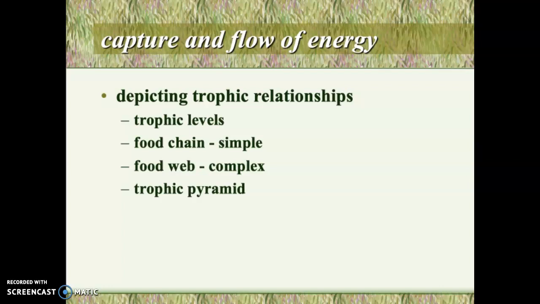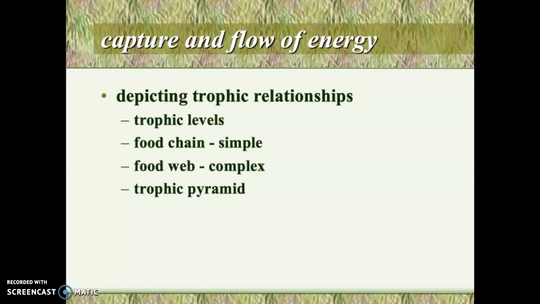It's not really that simple, and so a food web tries to represent the more complicated web of relationships. So, for example, you personally may consume lettuce, but you might also consume some fish or a cow or something else. So you consume more than one thing.